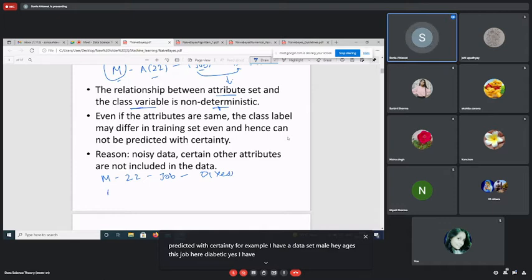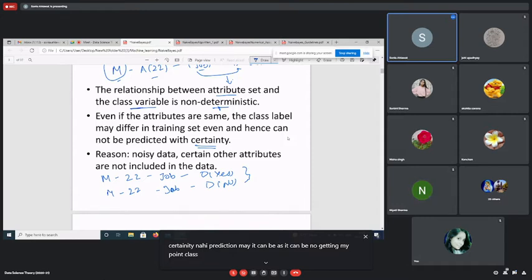I have another data point, again the same values, but diabetic is no. ये जरूरी नहीं है कि अगर सेम एट्रीब्यूट्स की सेम वैल्यूज हैं तो टारगेट या जो क्लास आएगा वो सेम ही आएगा. It can differ, it can be the same, it can be different. तो अनसर्टेनिटी रहेगी, सर्टेनिटी नहीं रहेगी प्रिडिक्शन में. It can be yes, it can be no. गेटिंग माई पॉइंट क्लास?